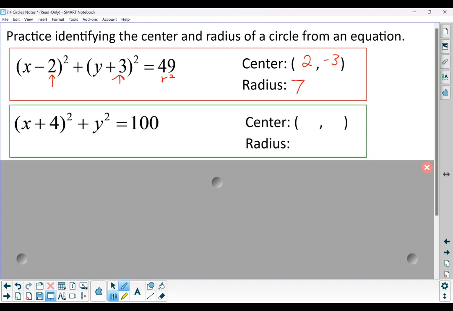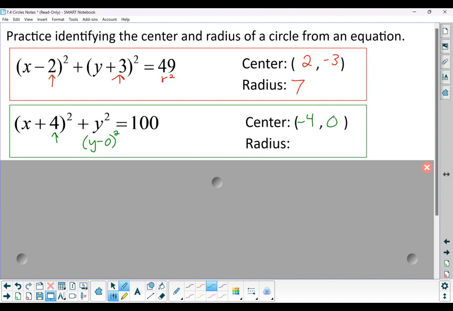Next circle, I can see the x-coordinate of the center is at negative 4, and this one is a lot different than the one above. It doesn't have parentheses, it doesn't have a number. So when you have something like this, it's as if we have a y minus 0 squared.